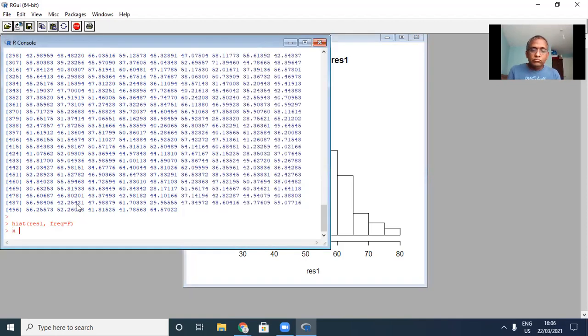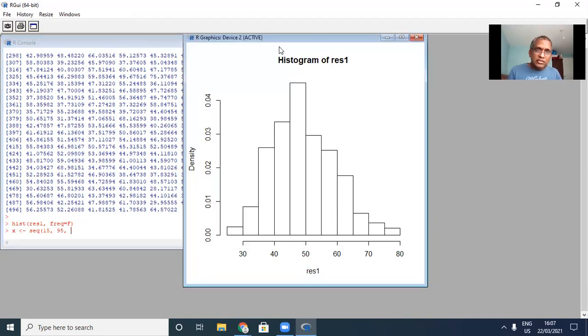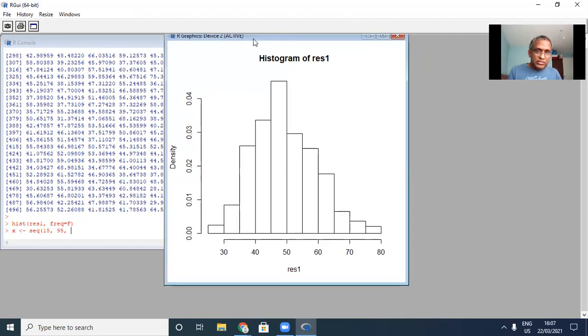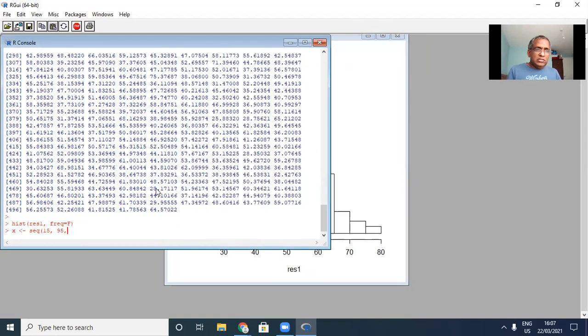Now, I'm going to define a sequence from 15 to 95. It depends on the range of the x-axis. In this case, the x-axis ranges from 20 to 80. So let's change this to 20 to 80, say in steps of 1.